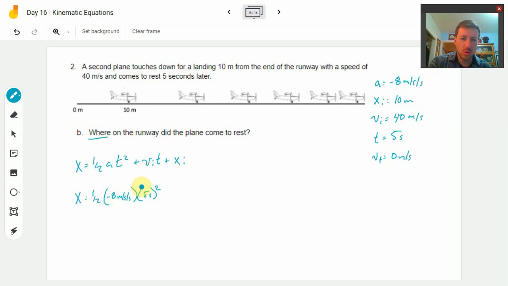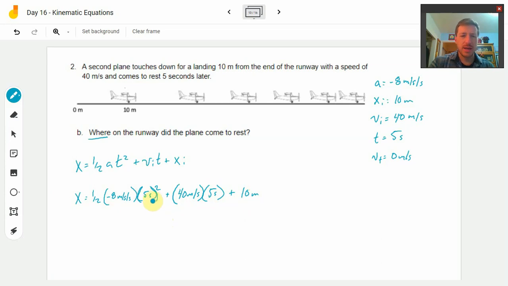And once again, that is only right for the 5 seconds, plus the initial velocity, which was 40 meters per second, times the time, which is 5 seconds, plus the starting position, which was 10 meters down the runway.